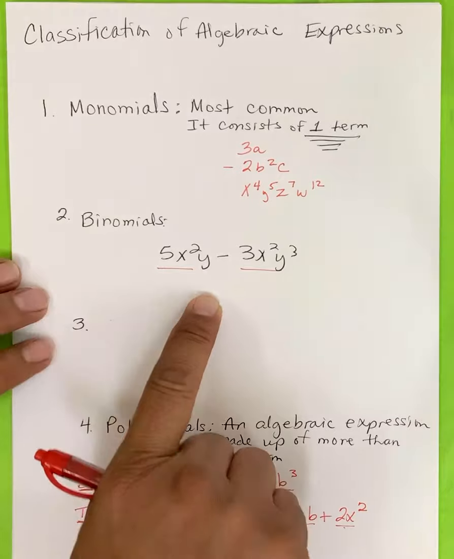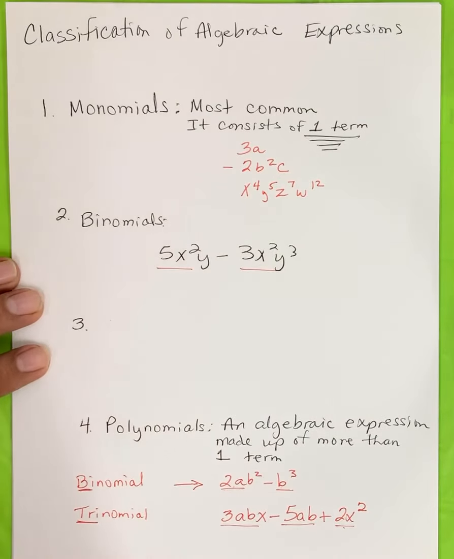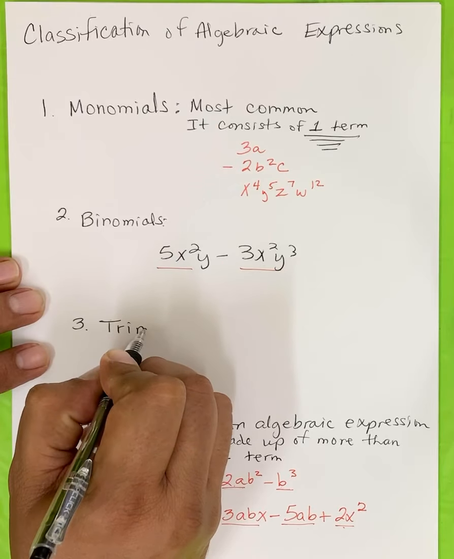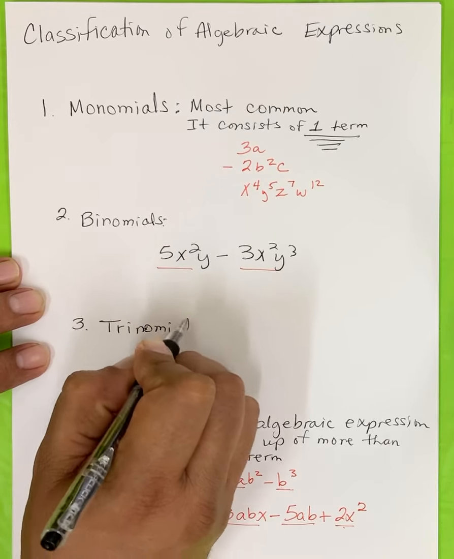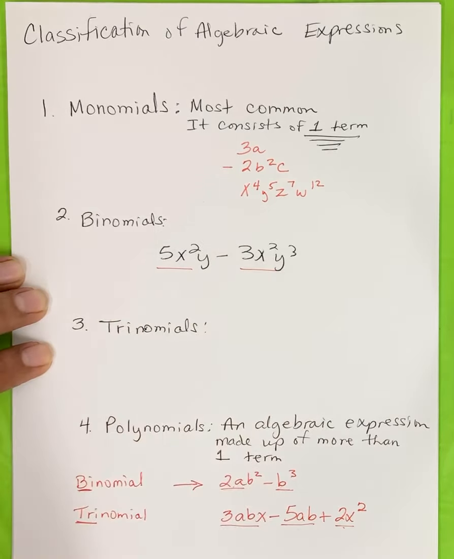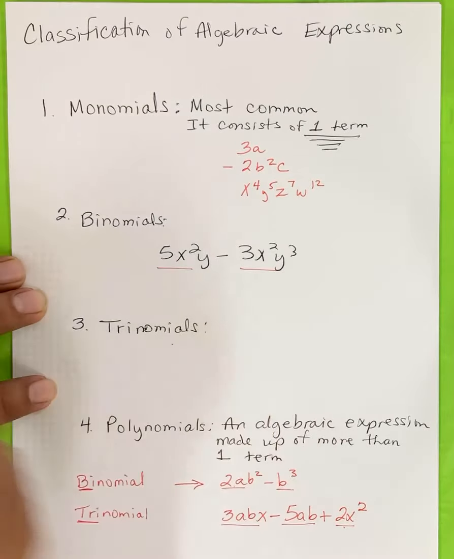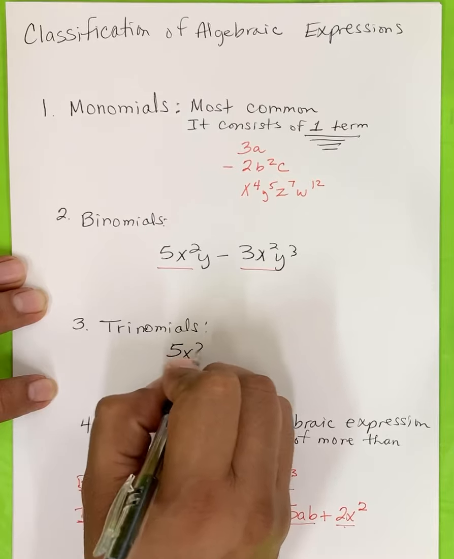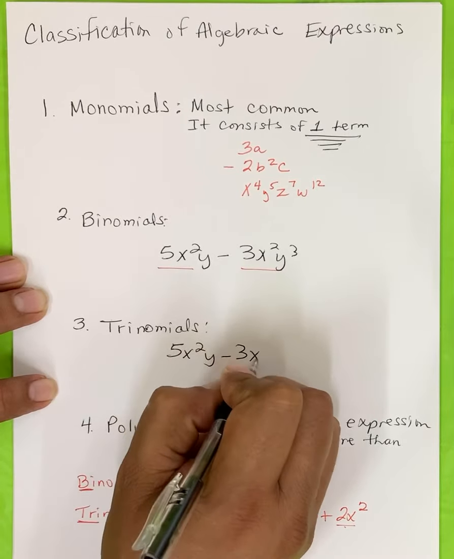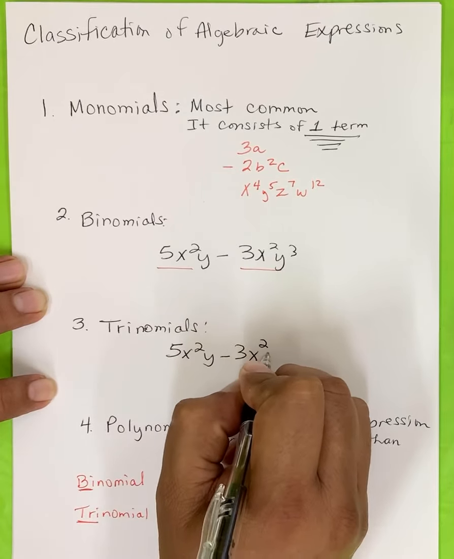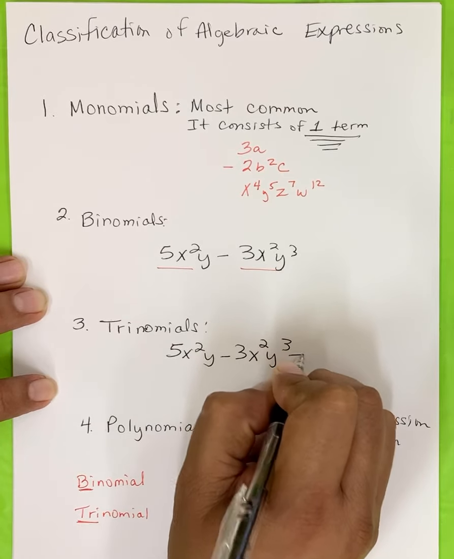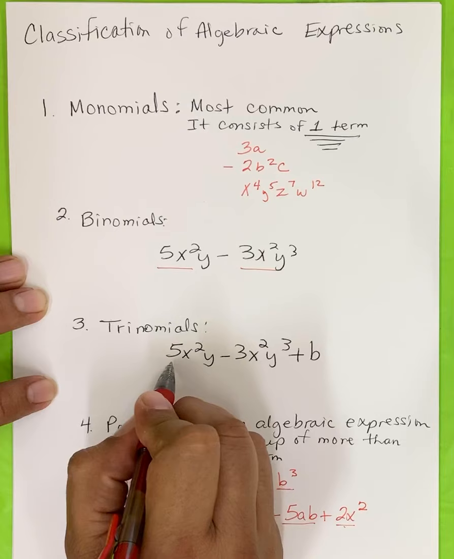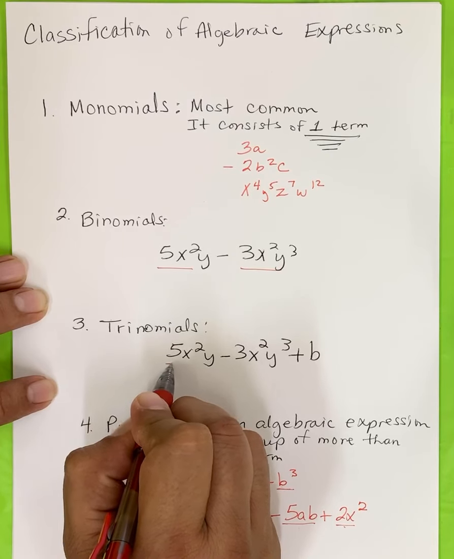Let me give you an example of another trinomial. Tri meaning 3. I can say 5x squared y minus 3x squared y to the third plus b. Just an example. This is a trinomial because it has three terms, three expressions.